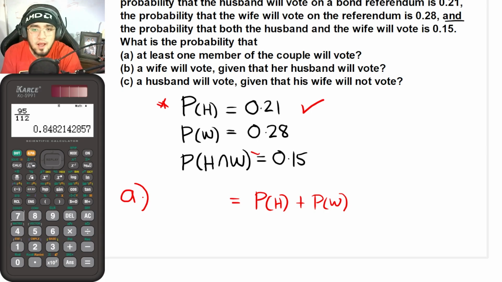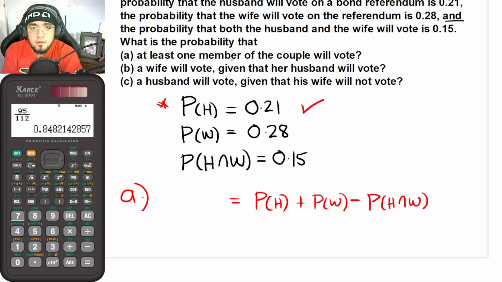However, we still have an intersection here. If you can remember our lecture from the last video on the additive property, or the addition property of joint events, we must subtract here the redundant, and by redundant we are referring to their intersection.